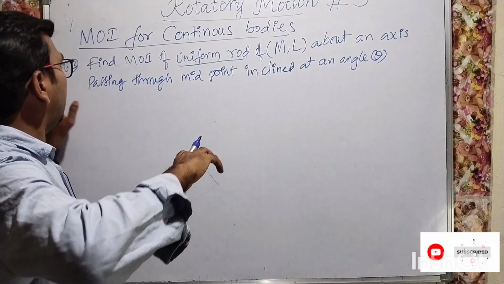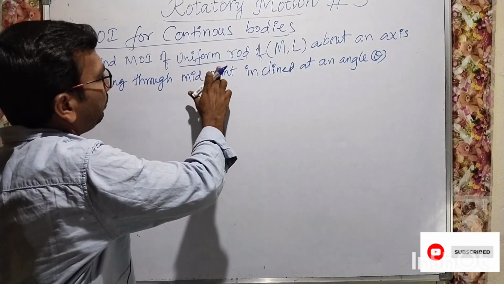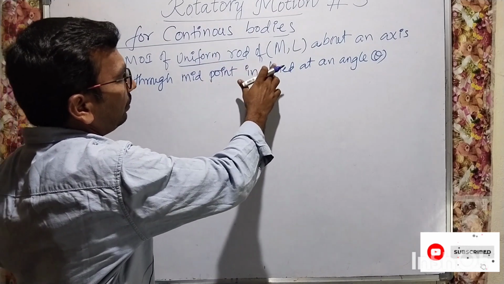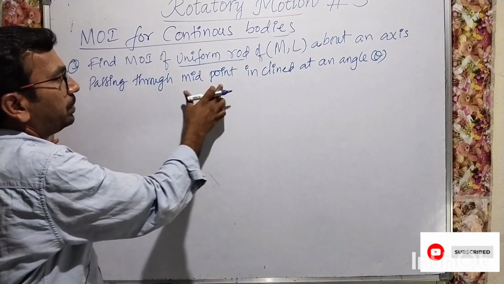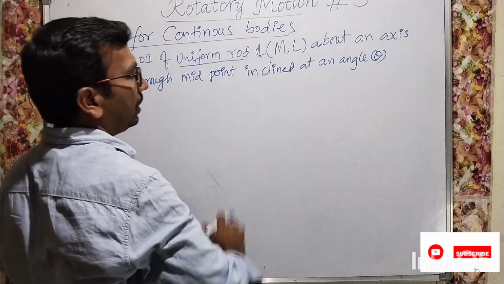Third one, find the moment of inertia of a uniform rod of mass m and length L about an axis passing through the midpoint inclined at an angle.